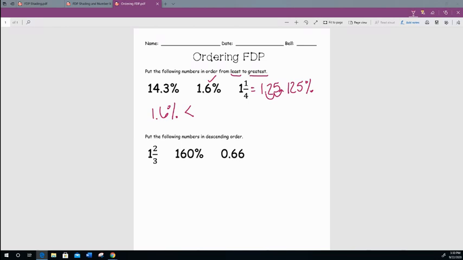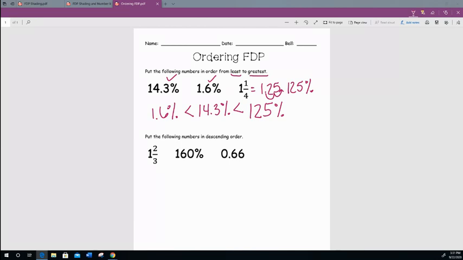I think we can agree that 14.3% is going to be the next one. Again, that's an extremely low grade, not very good. Then we have that 125%. That is an above and beyond grade. That's like getting 100 and then getting 25 extra credit points on it. So that's the order from least to greatest.